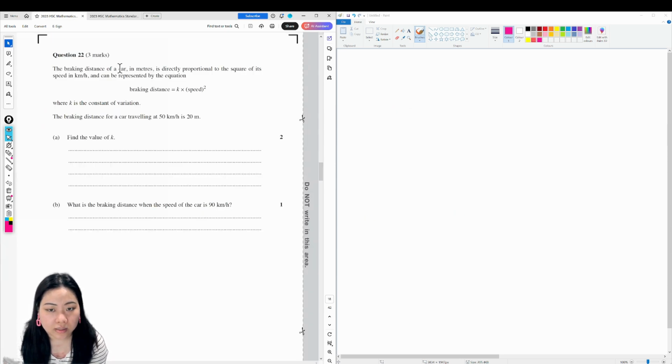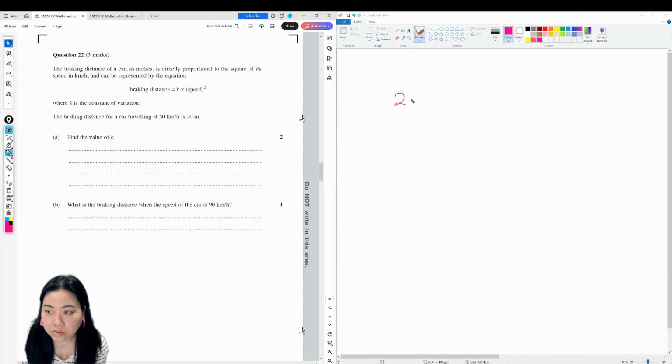The braking distance of a car in meters is directly proportional to the square of its speed in kilometers per hour and can be represented by this equation. Braking distance equals k times speed squared, where k is the constant of variation. The braking distance for a car traveling at 50 kilometers per hour is 20 meters. Find the value of k.